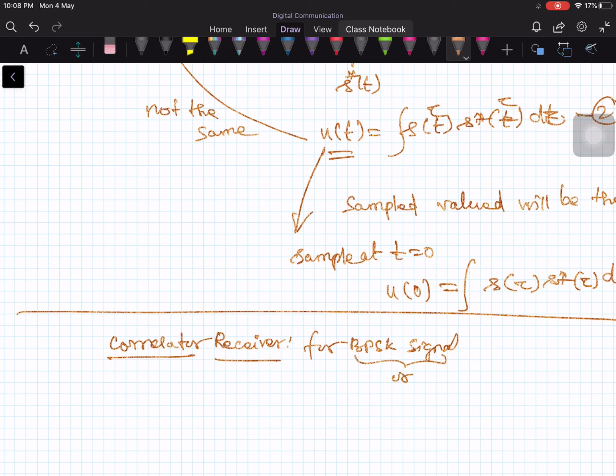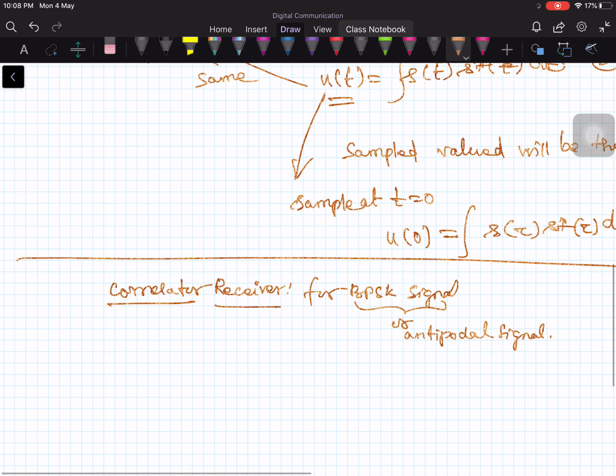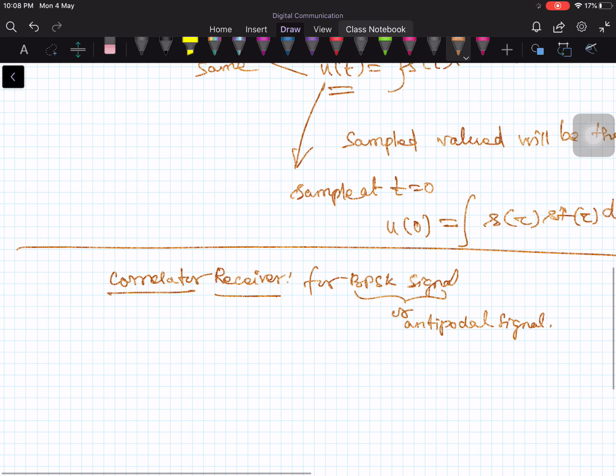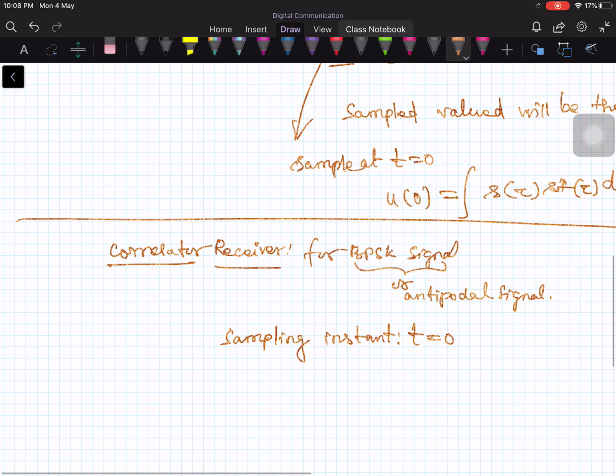It doesn't matter. We designated our sampling instant as t equal to 0. Then we have appreciated before that this value is nothing but the correlation of the received signal with the transmitted signal.